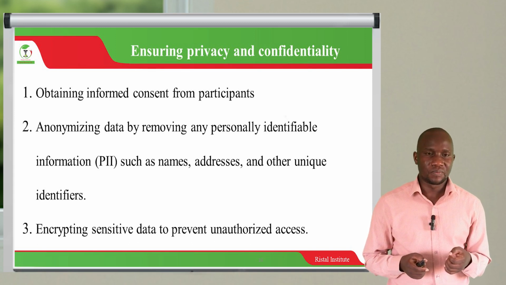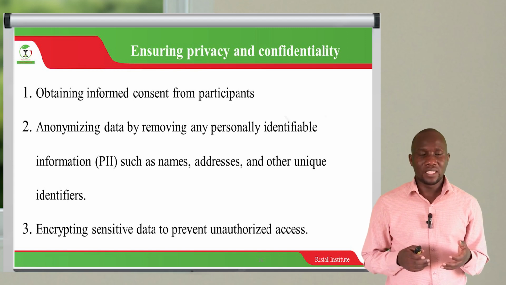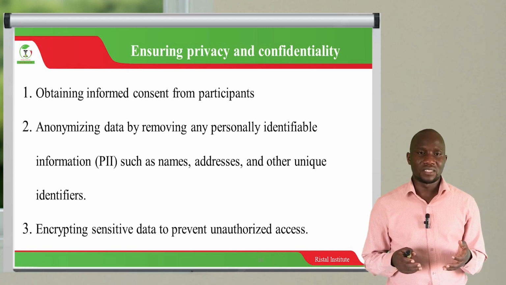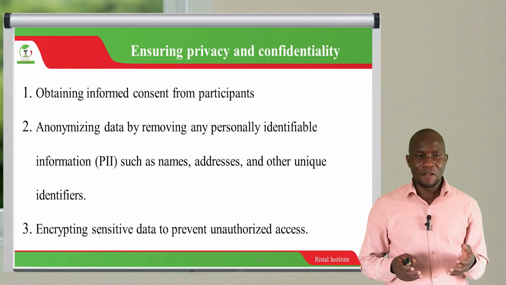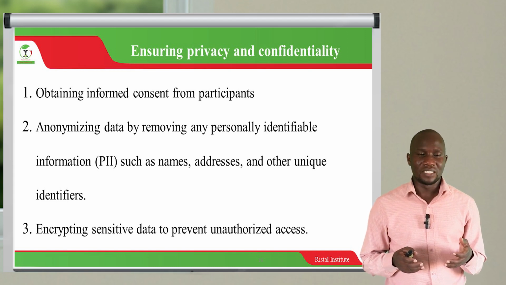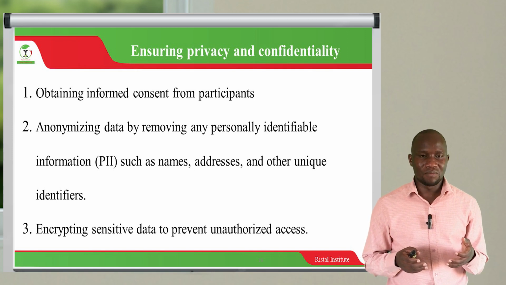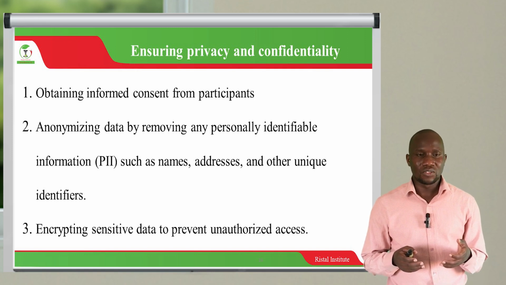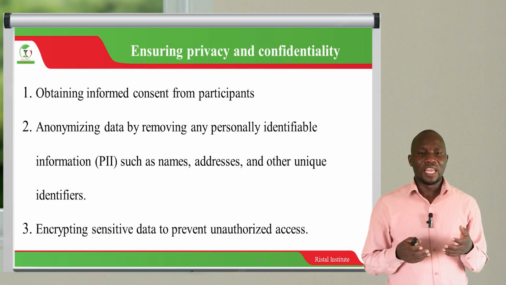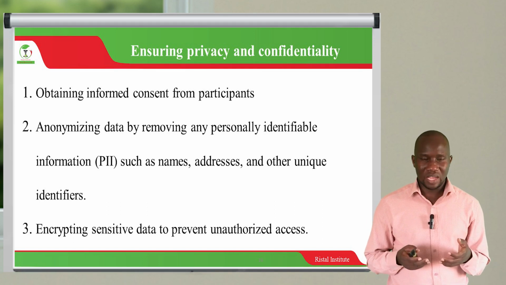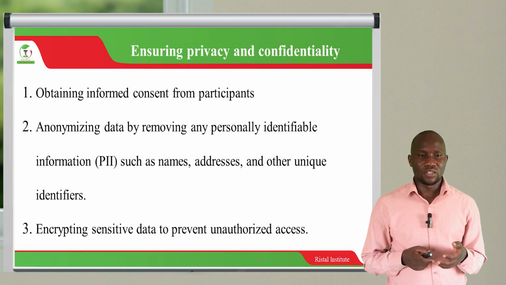You don't want the names and addresses and other identifying information about the participants being easily displayed or being easily traced. So you may consider making them anonymous. So you anonymize the data by removing any personal identification information.